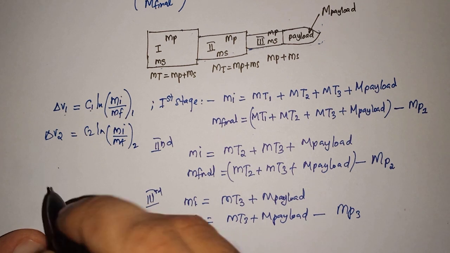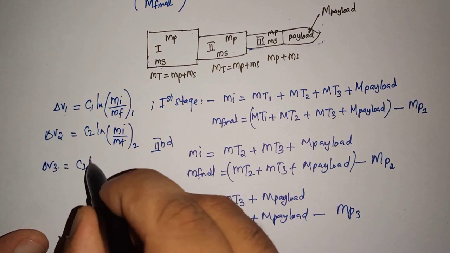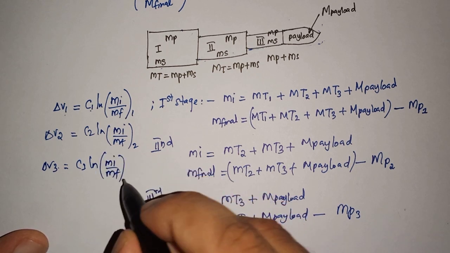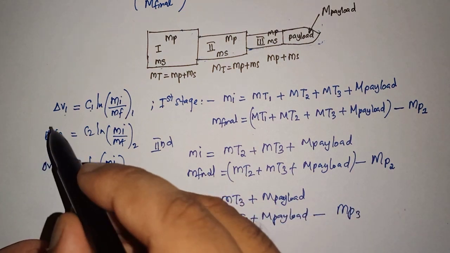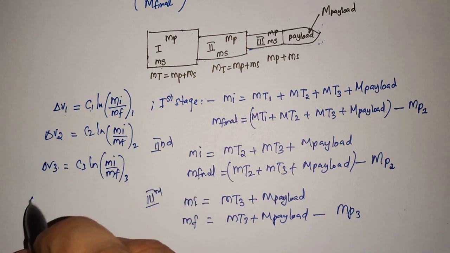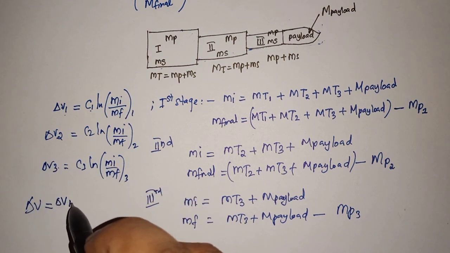Similarly, C3 ln of Mi by Mf for the third stage. So if you sum delta V1 plus delta V2 plus delta V3, you get the total delta V, which is equal to delta V1 plus delta V2 plus delta V3.